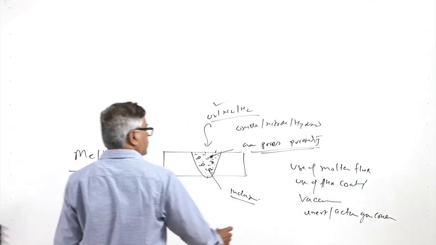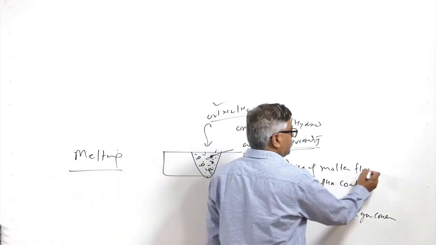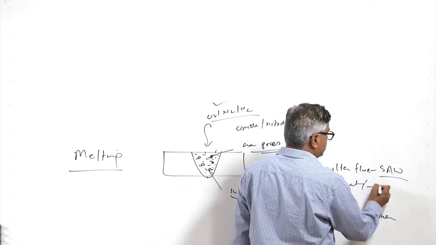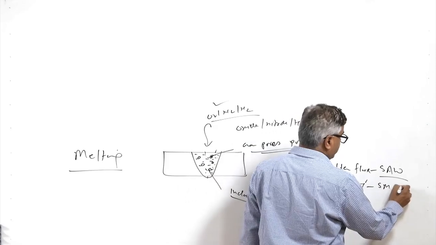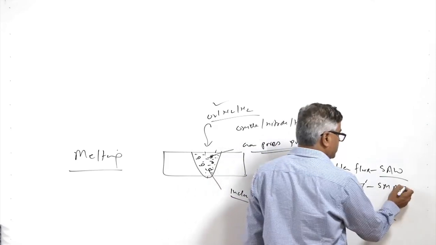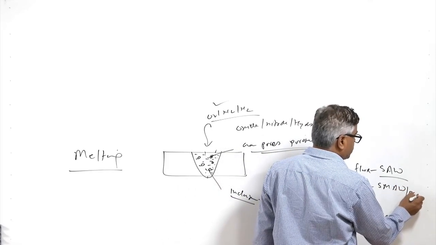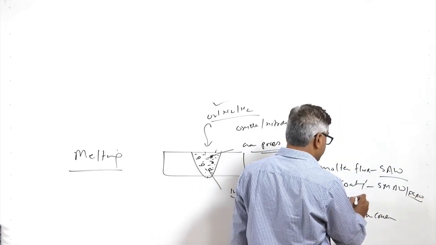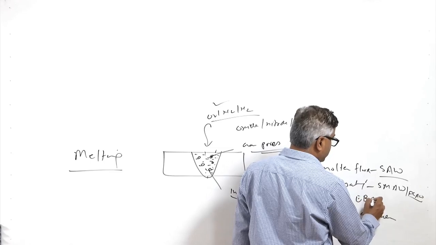So, these are the approaches which are used. Use of the molten flux is used in the submerged arc welding process. Flux coating is used in case of shielded metal arc welding process, as well as in the flux cored arc welding process FCAW, and then vacuum is used in electron beam welding process.